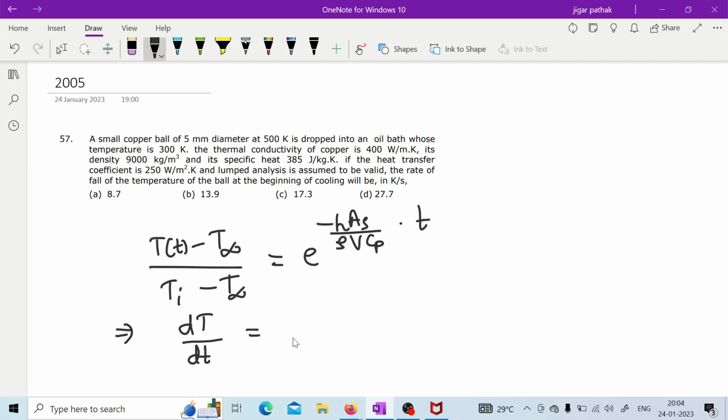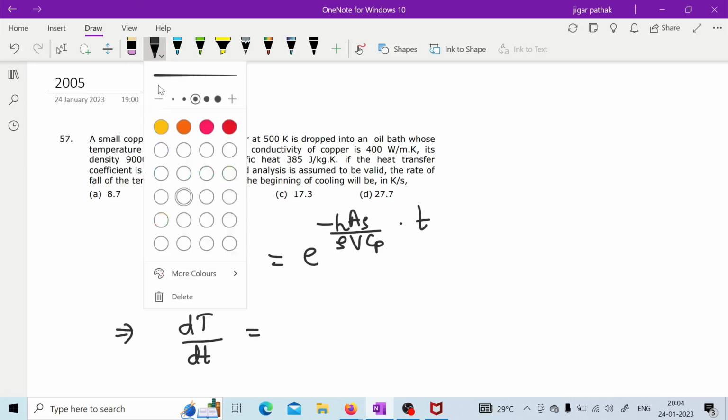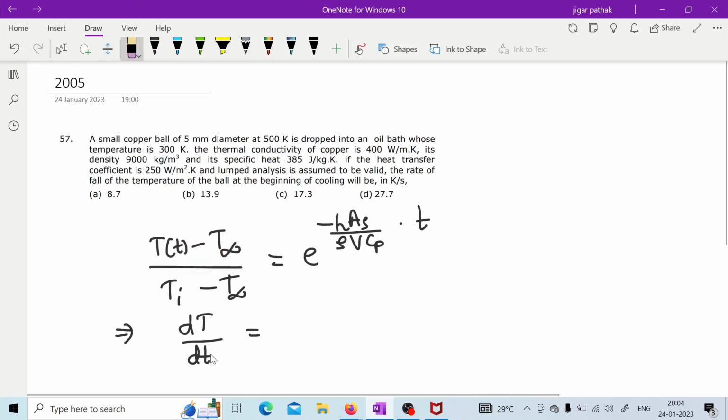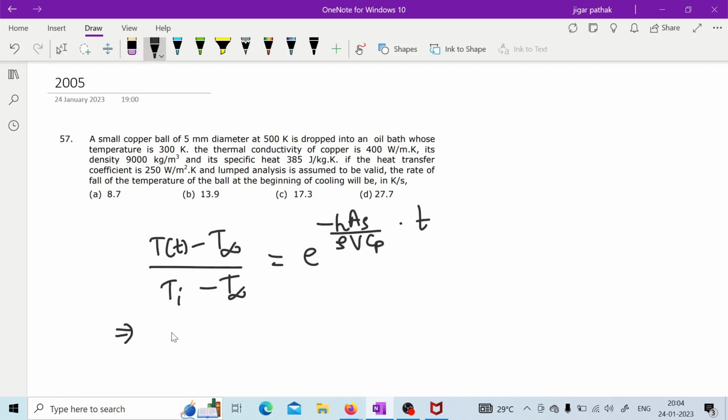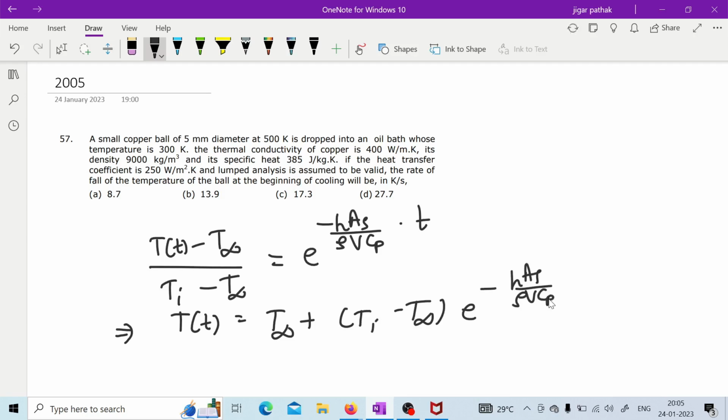First you can write one more step for simplification: this T is nothing but T infinity plus (Ti minus T infinity) e raised to minus hAt upon rho V cp.